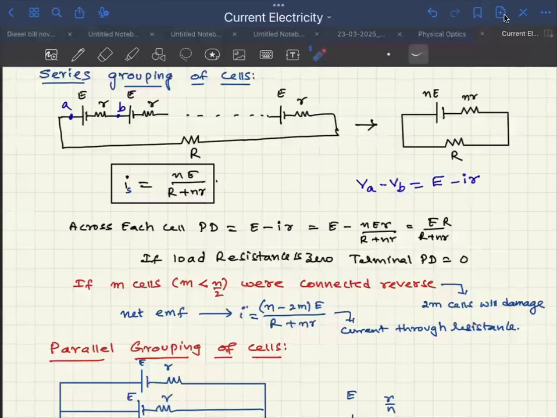Instead of plus minus, plus minus, somewhere you deviated. Instead of plus minus, you have connected minus plus, minus plus, likewise. All those cells connected with different polarity are wrong connected cells. Suppose by mistake you have done M cells like that, and M must be less than half of the total number.